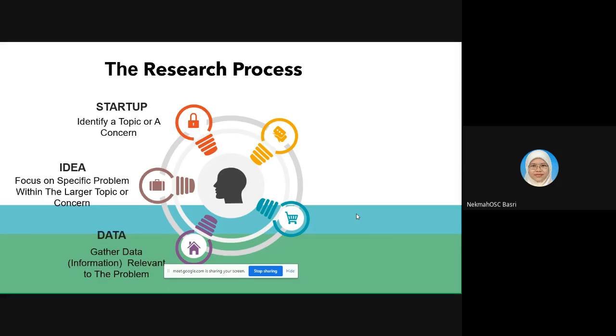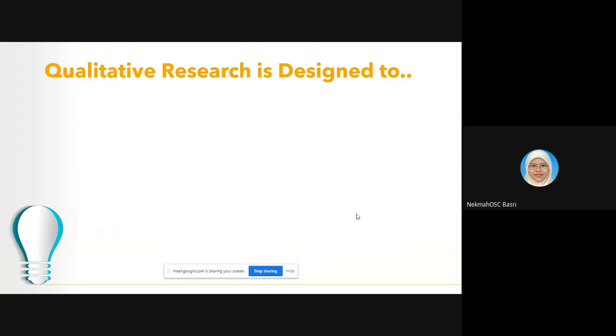And then the data: how do we gather the data, the relevant information? As students, we have data from journals, conferences, documents, reports, annuals, and also blueprints, where we can gather information relevant to our problems. And finally, we analyze the data, and at the end, of course, the result: how we publish and also present what we have found in the research.